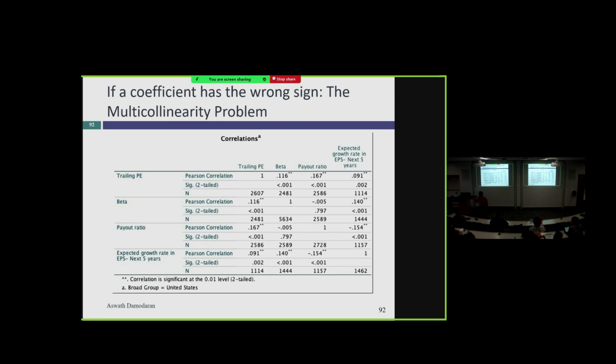That's exactly why you saw that positive coefficient. You're saying, what do I do about it? Nothing you can do about it. How are you going to find a measure of risk that's not correlated with growth and payout? But I have some good news. You can still use the overall regression. The predictive power holds for the overall regression. What you cannot do is take the individual coefficients and try to build elaborate models about why the coefficients are what they are, because the correlation is making those coefficients difficult to read.